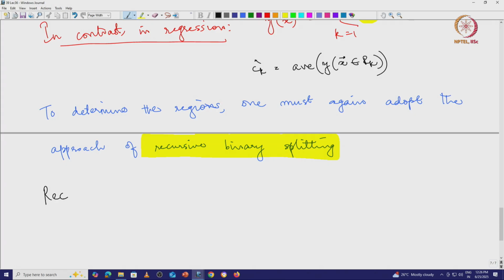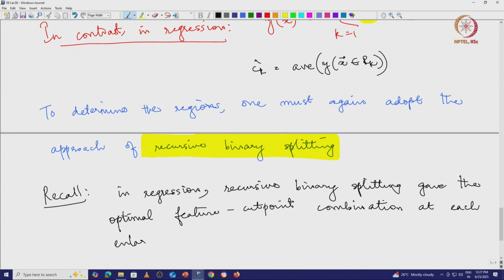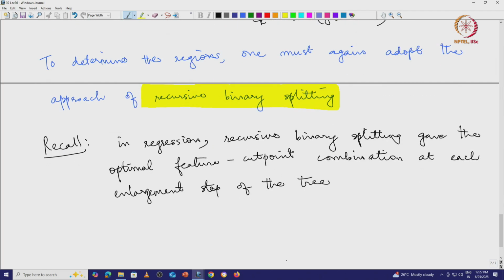So recall that in regression the recursive binary splitting gives us the optimal feature cut point combination at each enlargement step, or growth step, of the tree, and we had two regions, essentially one region where xj was less than the cut point and the other region where xj was greater than or equal to the cut point s.